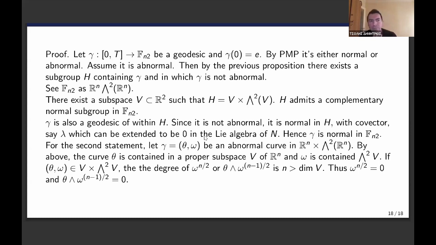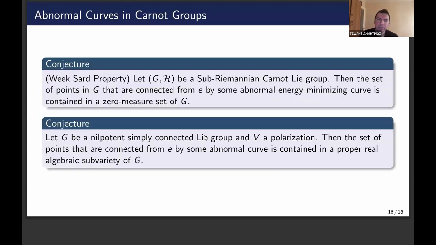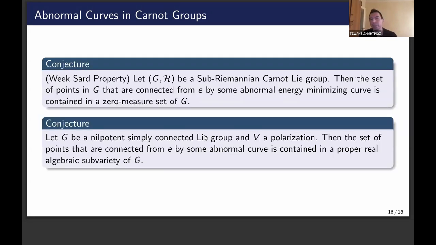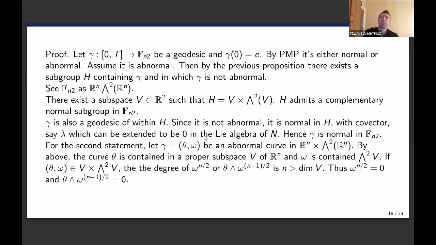Now, for contradiction, assume this is abnormal, and then we use this proposition here. We know that there exists a proper subgroup where gamma is actually non-abnormal. So we know that such a subgroup exists, and we know that inside that subgroup, gamma is not abnormal.